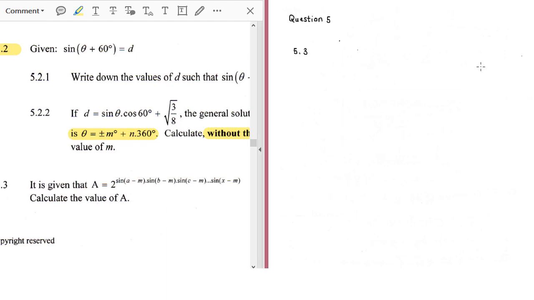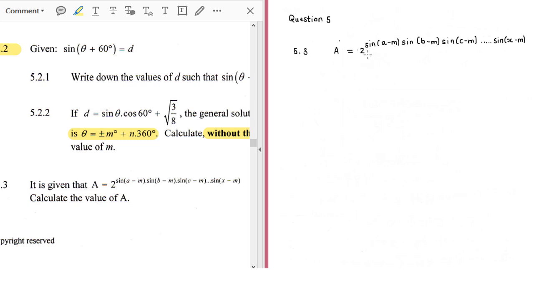So what we have here is we can call it a function if you want to, a, which is equal to 2 with an exponent of sine of a minus m times sine of b minus m times the sine of c minus m all the way up to the sine of x minus m.